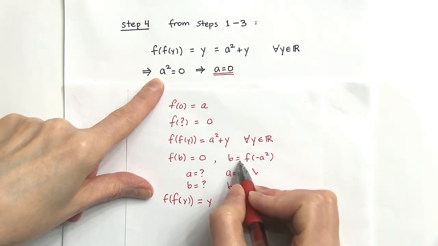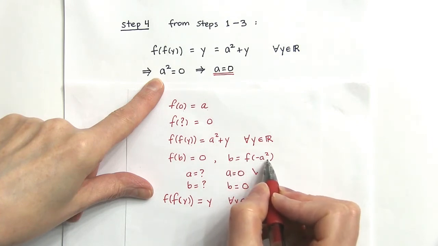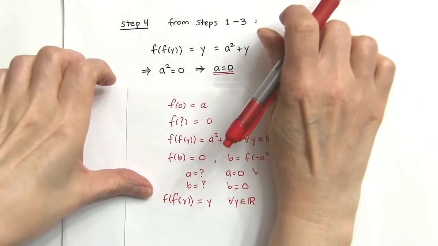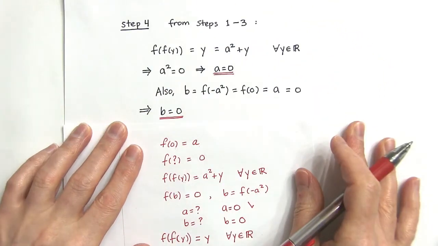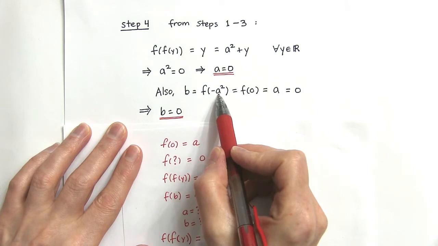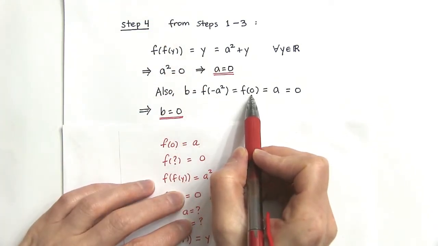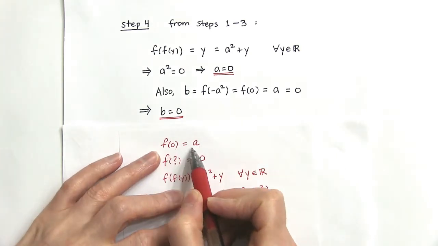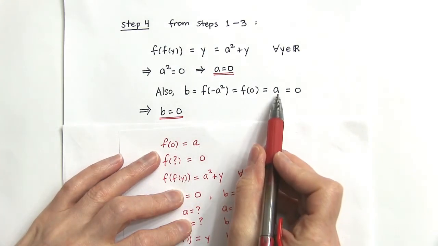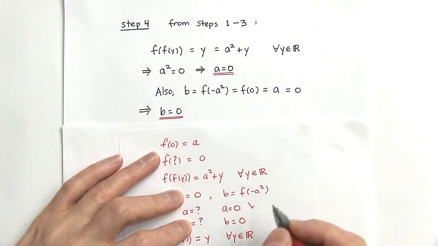And what about the value of b? Well, b is f at minus a squared, so we have b is f evaluated at minus a squared, but a is 0, so b is f evaluated at 0, but f evaluated at 0 is a, but a is 0, so b is 0.